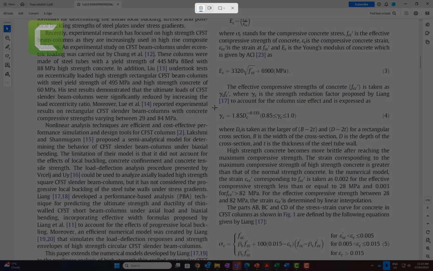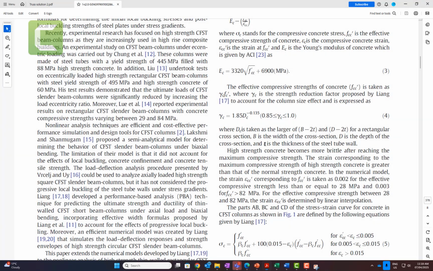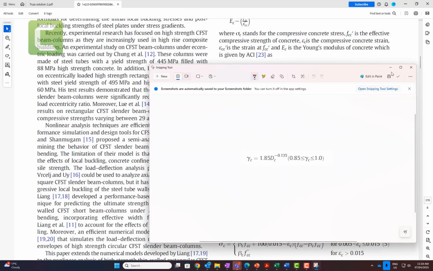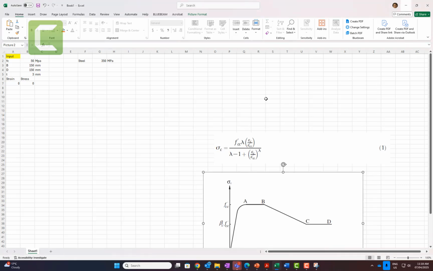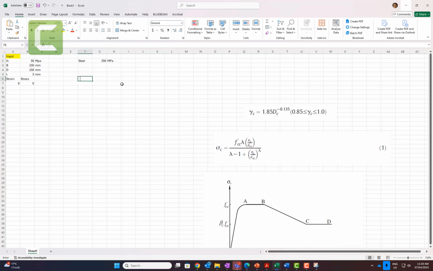So here you go, these equations, and in this equation DC is B minus T or D minus T for rectangular cross sections, larger of these. So we need to take the maximum of this one.